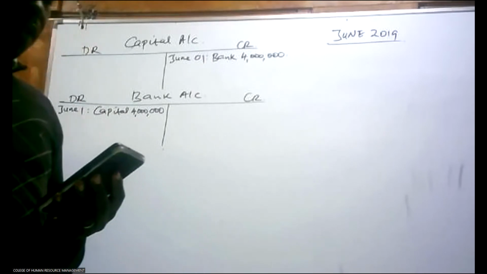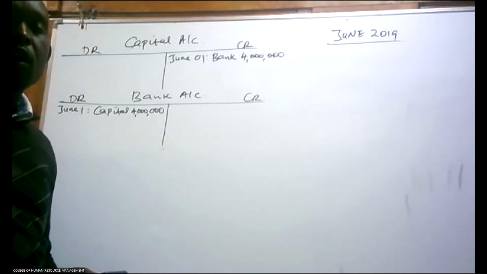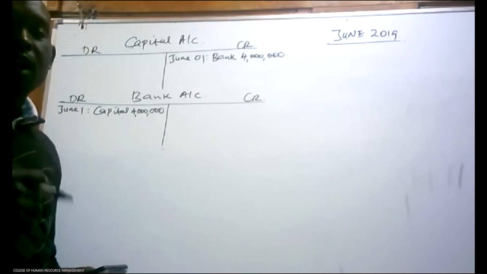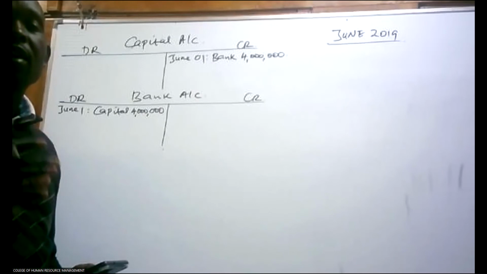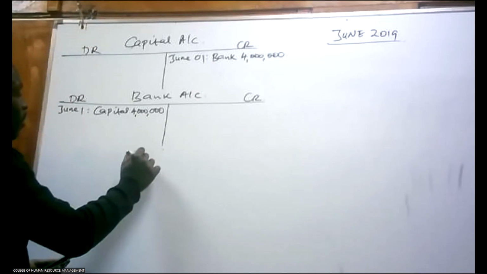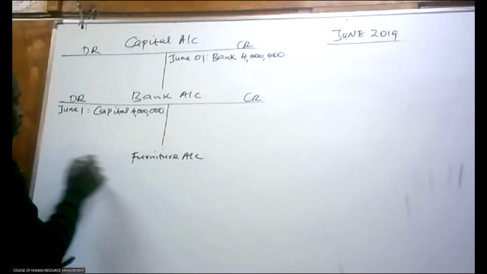Then that bought furniture: when you buy furniture, which is a fixed asset, you open an account for that fixed asset. A fixed asset is normally captured in its own account. So here, we are supposed to open an account for furniture. Furniture account.